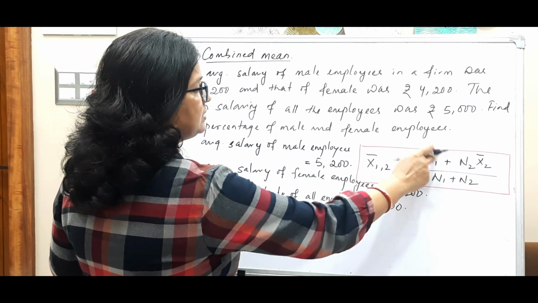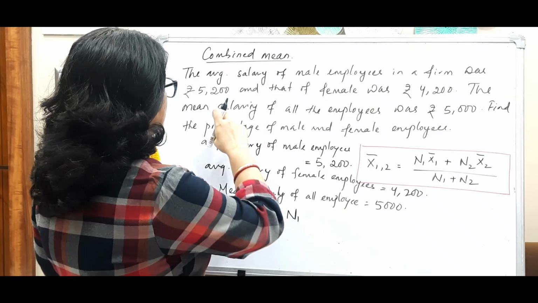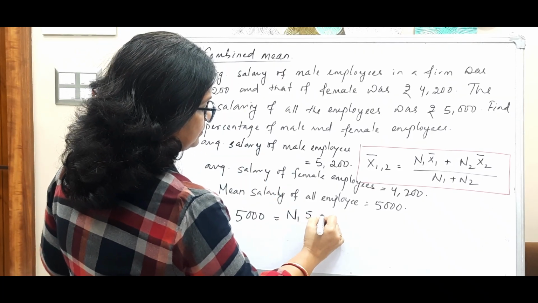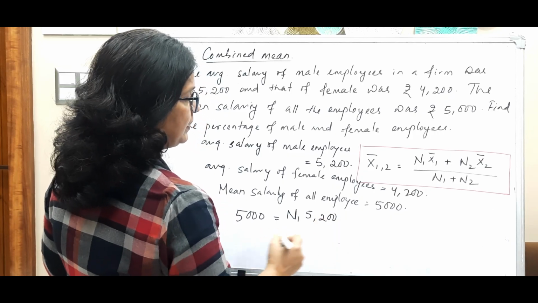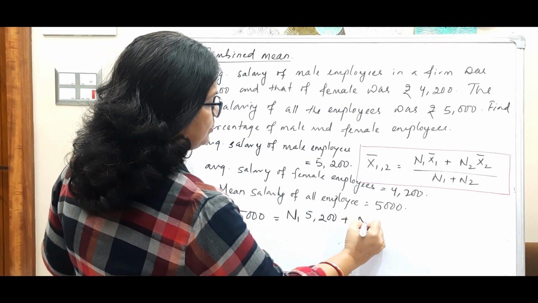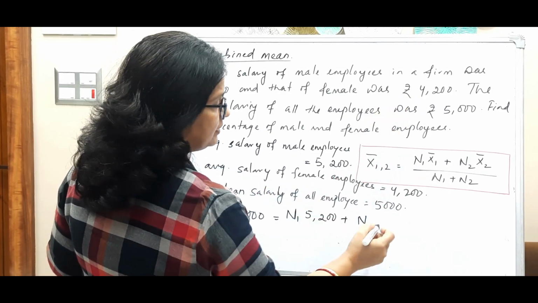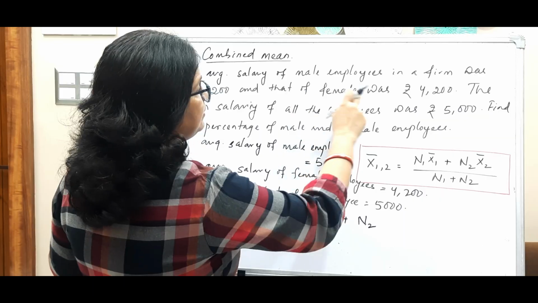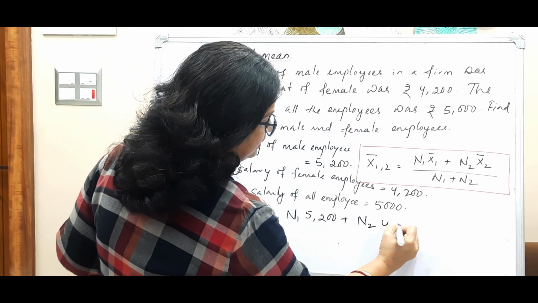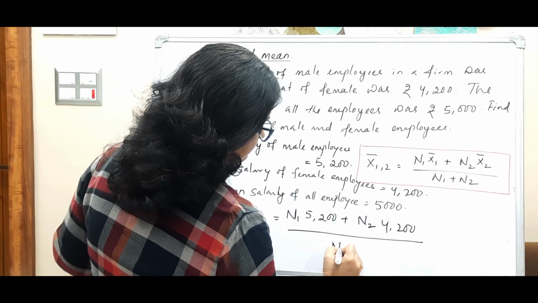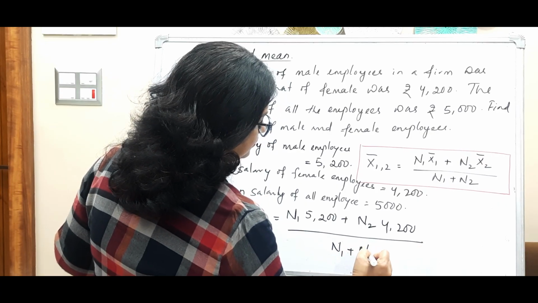And X1 bar is for male employees. Suppose X1 bar is for male employees, the average salary is 5,200, plus N2 into the mean salary of female employees, 4,200, divided by N1 plus N2.